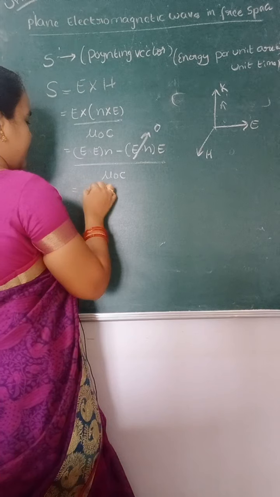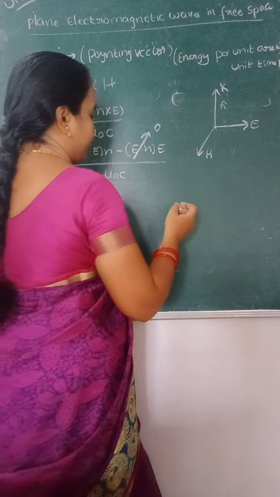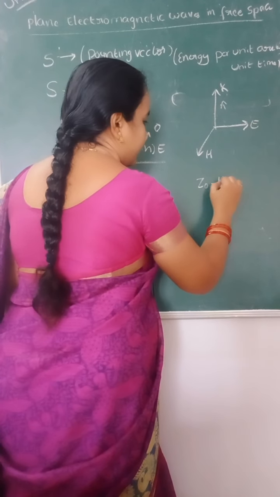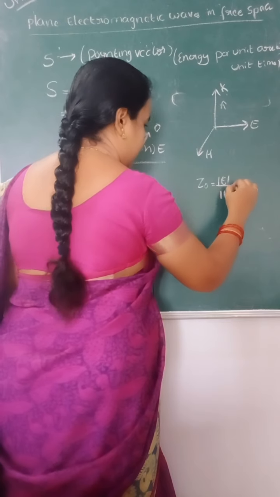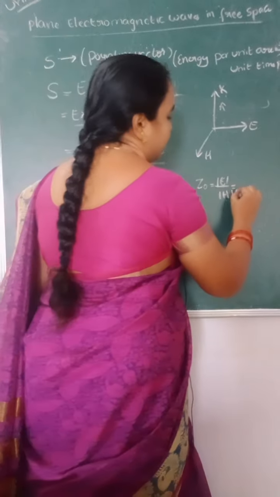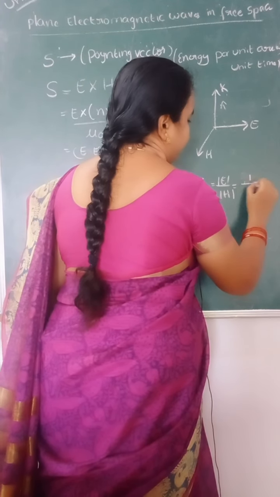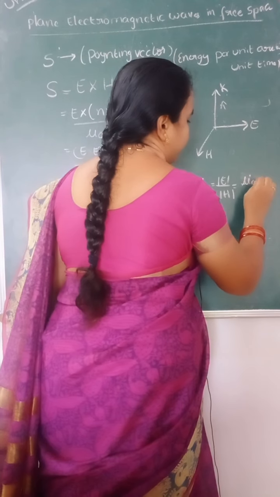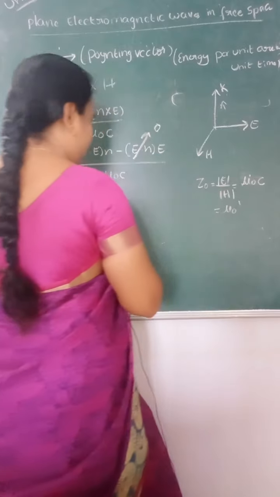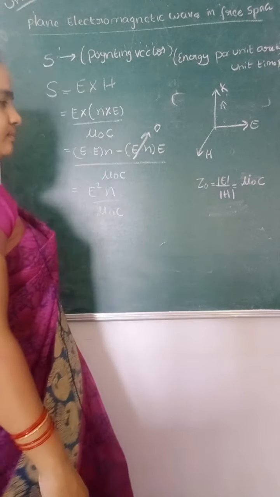So this is E square N by mu naught C. We have calculated the wave impedance as modulus of E by H, that is mu naught into 1 by root of... So here we can replace mu naught C with the impedance term.